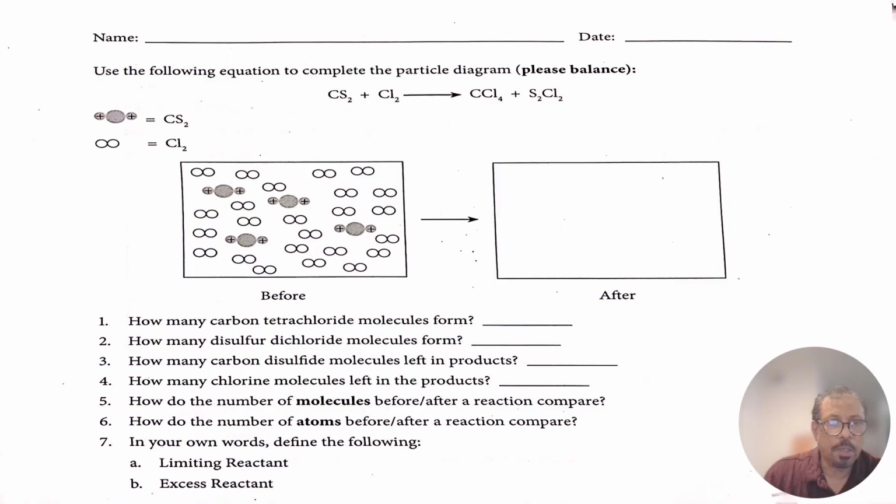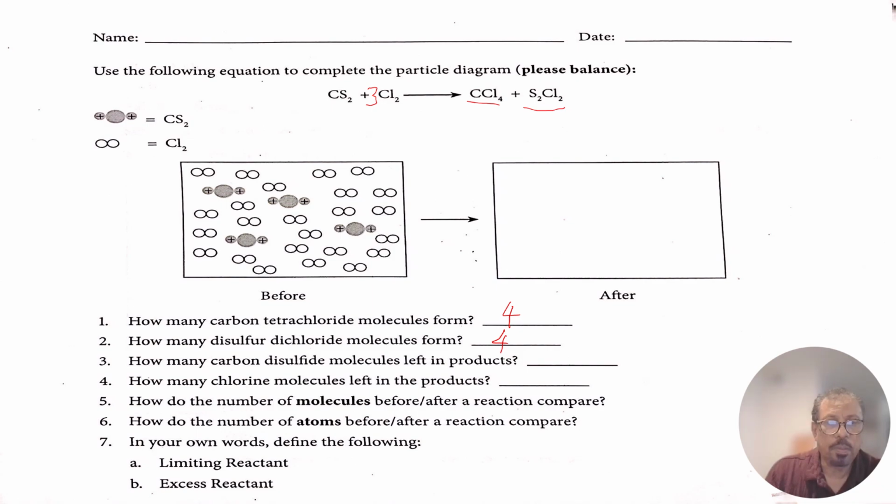How many carbon tetrachloride? Remember, we balance the chemical equations here. We have 3. Carbon tetrachloride, so if you look at the slide before, it is 4. How many disulfur dichloride molecules form? Disulfur dichloride formed is 4.